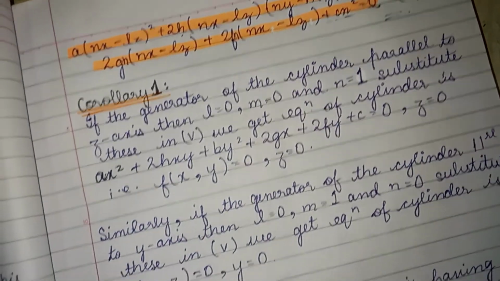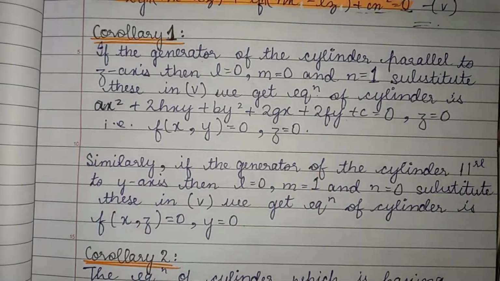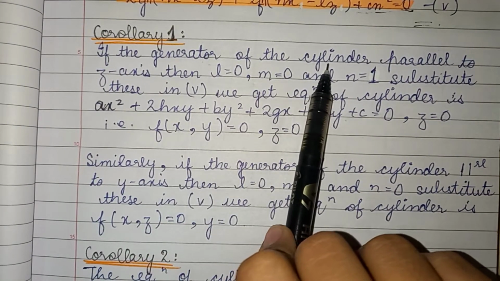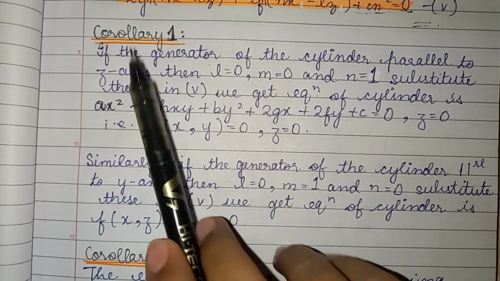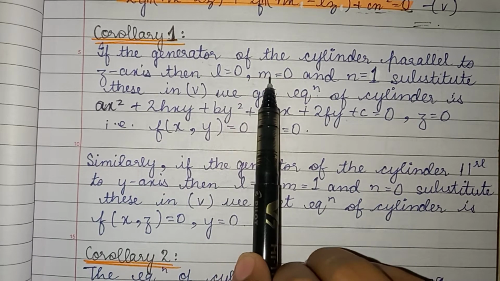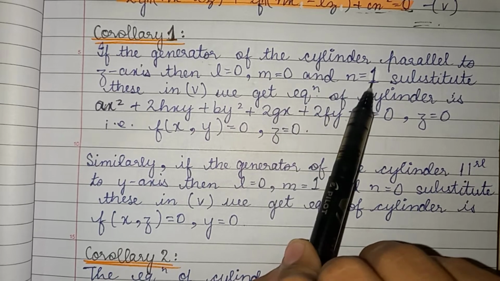So moving further, the first corollary: if the generator of the cylinder is parallel to the z-axis, then L is equal to 0, M is equal to 0 and N is equal to 1.